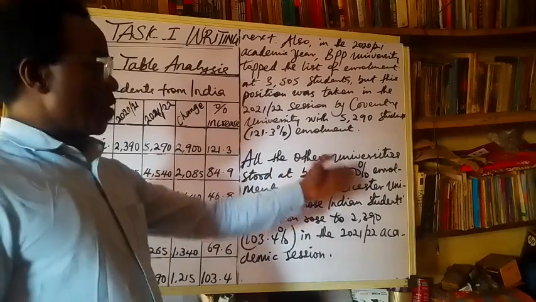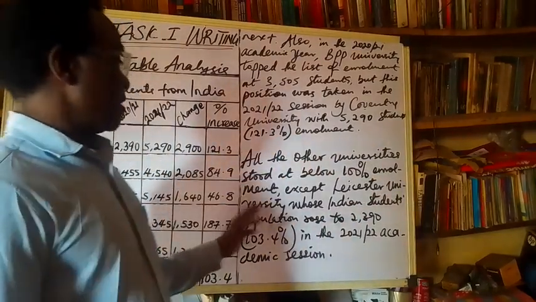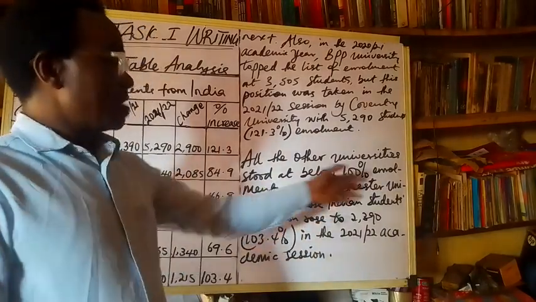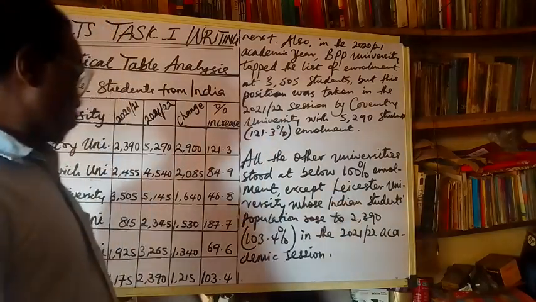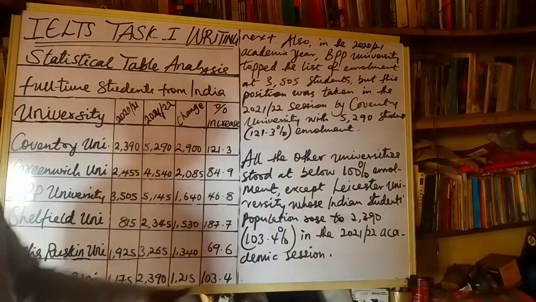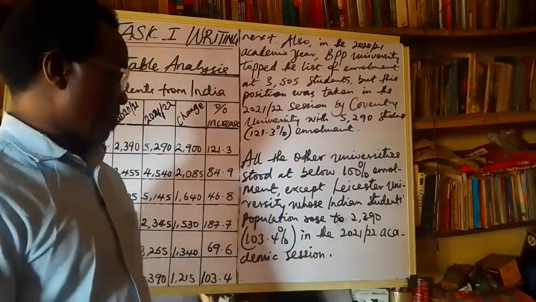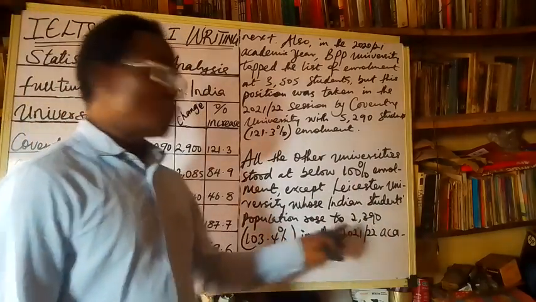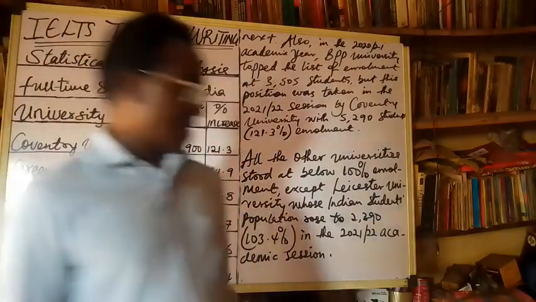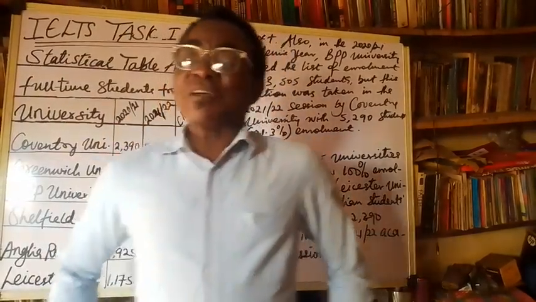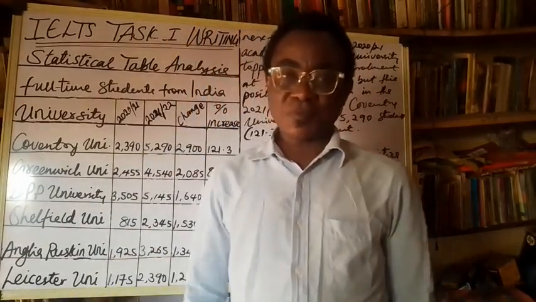It says all the other universities stood at below 100% enrollment, except Leicester University, whose Indian students population rose to 2,390. That is a 103% increase in the 2021/22 academic session.